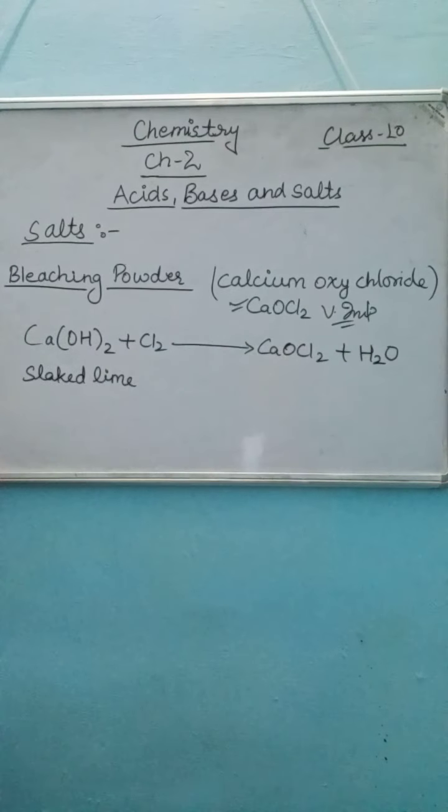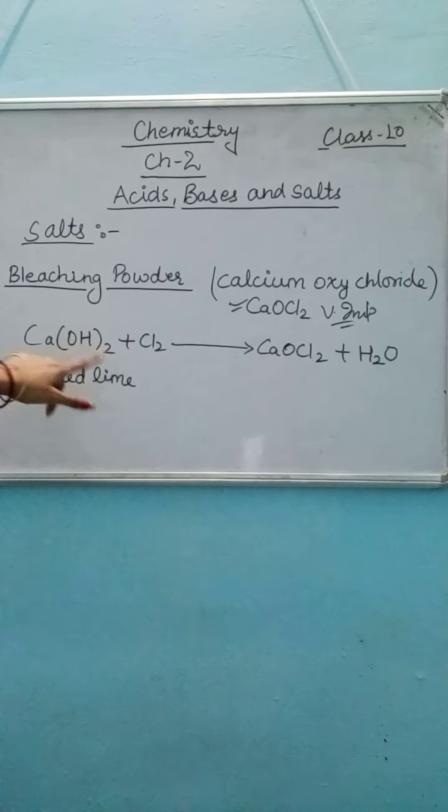This is the preparation method of bleaching powder, in which slaked lime reacts with chlorine gas and calcium oxychloride, CaOCl2, bleaching powder, forms and water is formed.